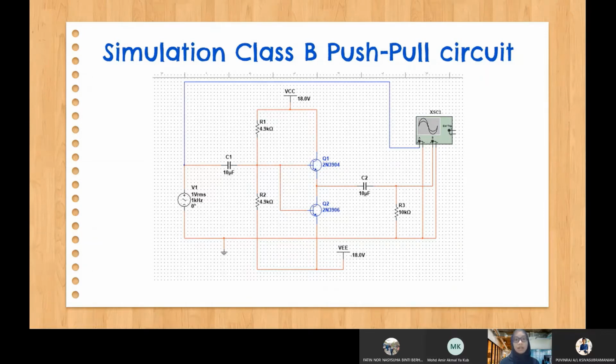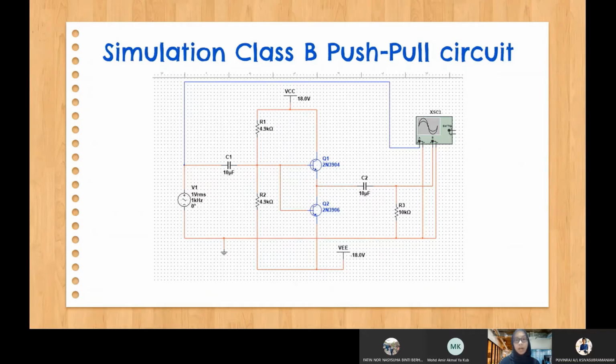How does this circuit work? It works when the input signal has a positive cycle. So the positive cycle will appear at the base of both transistors. But during the positive cycle, only the NPN will turn on. It is because the positive value at the base will be higher than the emitter.